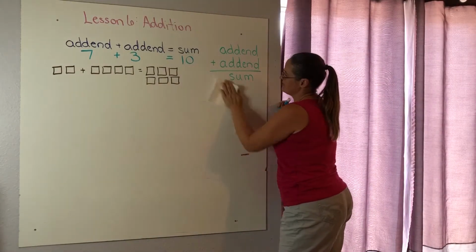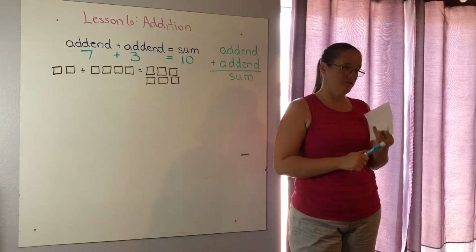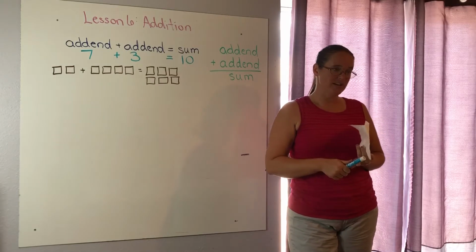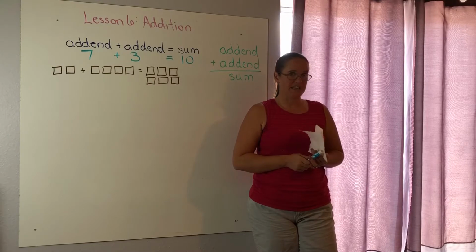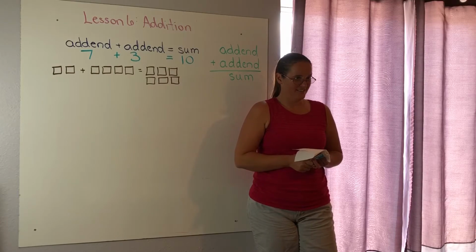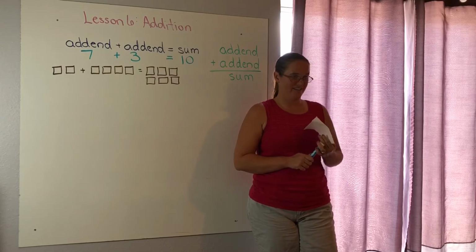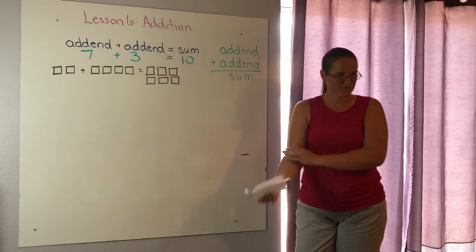So this is our vocabulary. The reason you need to know these words is because you're going to see them written on your math test. You're going to see them written in your math book. You might have a question that says, what is the sum of the numbers 3 and 4? Well, what would you do in that problem, Riker? How did you know it was 7?